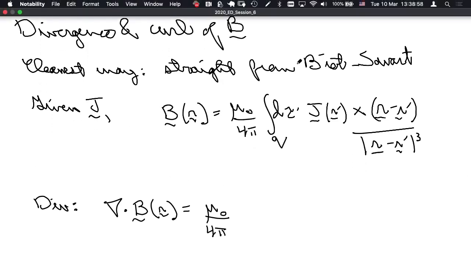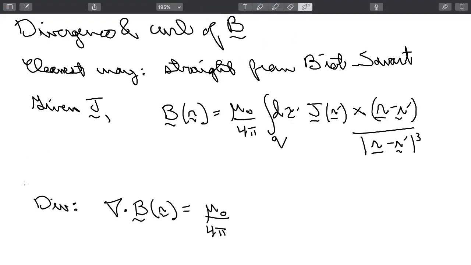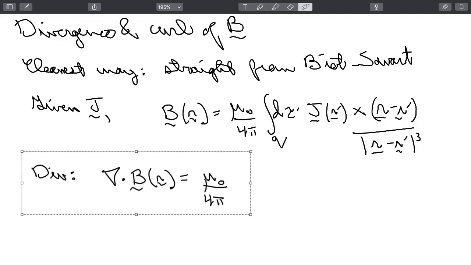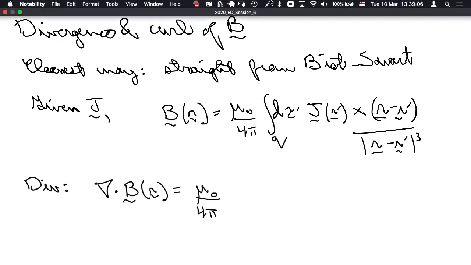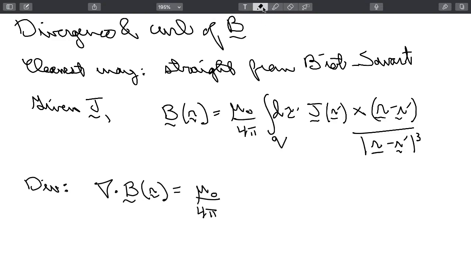So that's the general situation, completely generic. Right, so let's just compute the divergence of that thing. So what do I get? I can apply the differential operator, this divergence, inside the integral, because there's only one place where there's an r dependence.